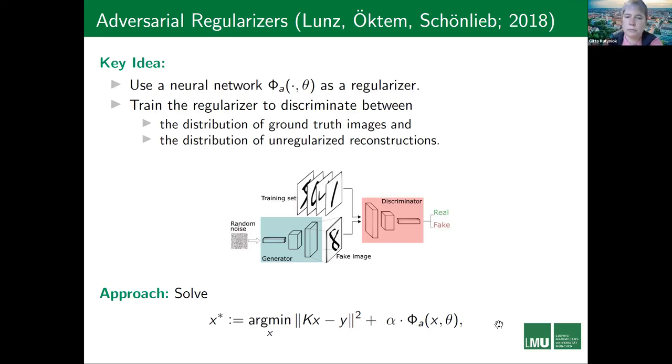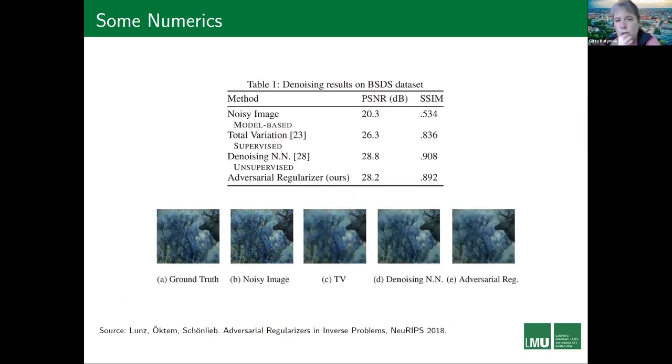So that's the philosophy. Let me just also from that paper show you this figure where you see here some numerical results, and here you see also again some numbers, the PSNR and the self-similarity index we already saw before. And here you see the adversarial regularizer, which comes extremely close to a fully supervised neural network.